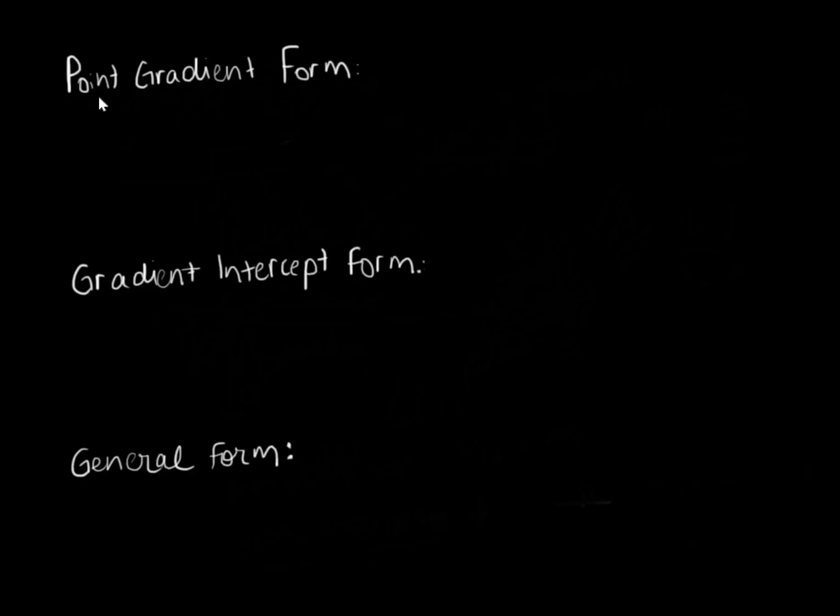So first and foremost, we have the point gradient form. The equation of any line written in the point gradient form is as such: y minus y1 equals m multiplied by x.